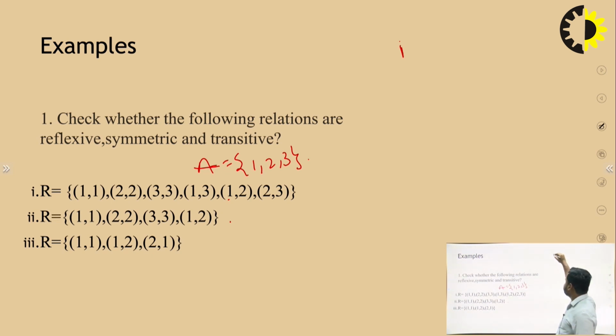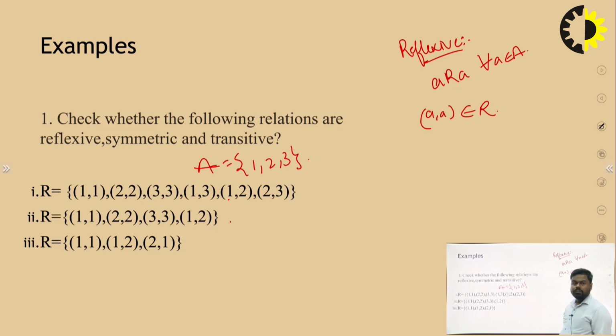For reflexive, this is the formula: if A is related to A for all A belonging to A, it means (A, A) belongs to R. This is clear.